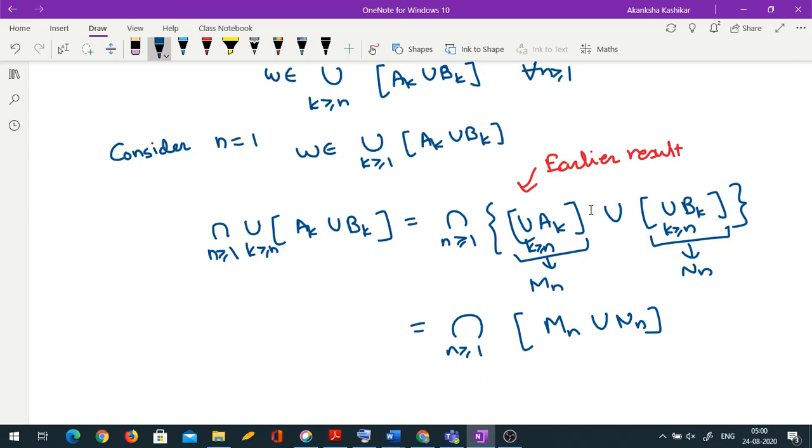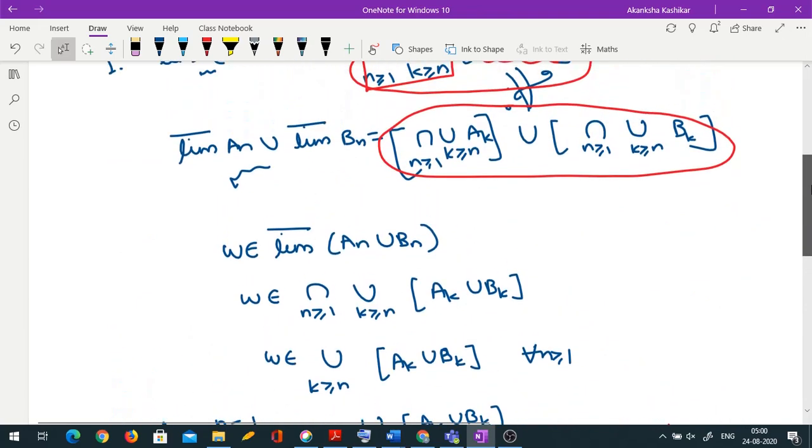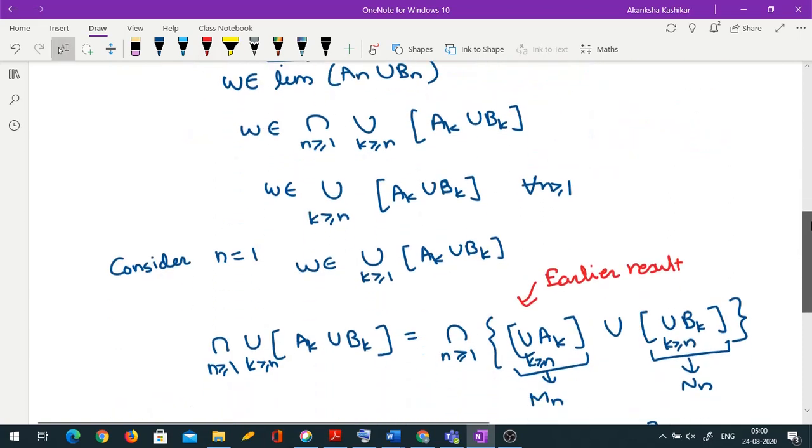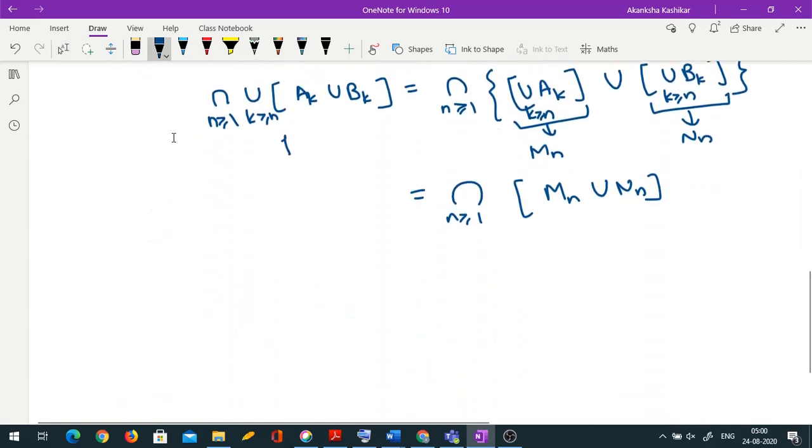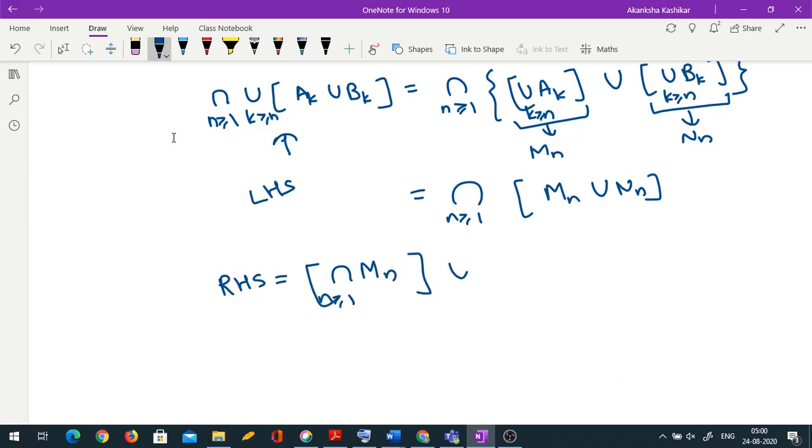And in the same spirit, my RHS has this as my Mn and this as my Nn, so it is intersection Mn union intersection Nn.